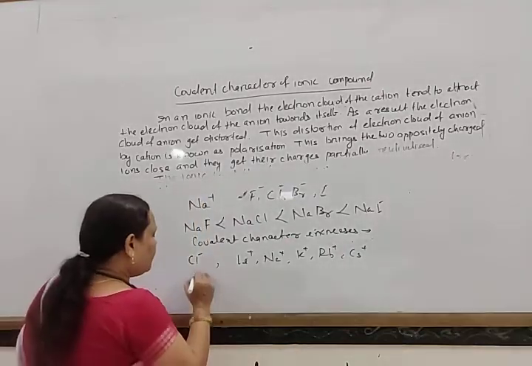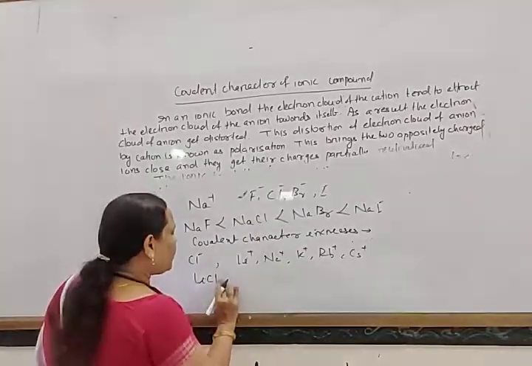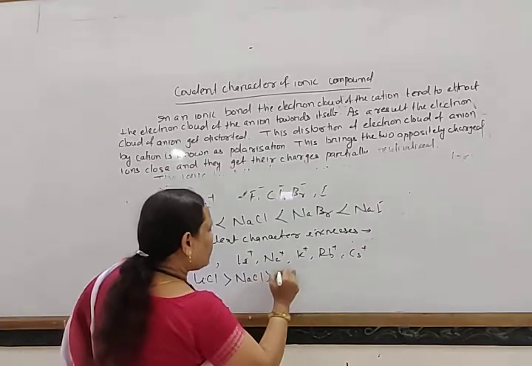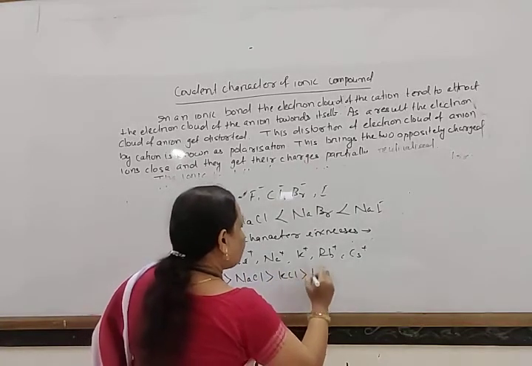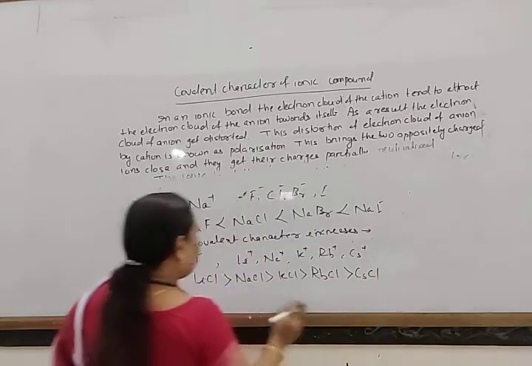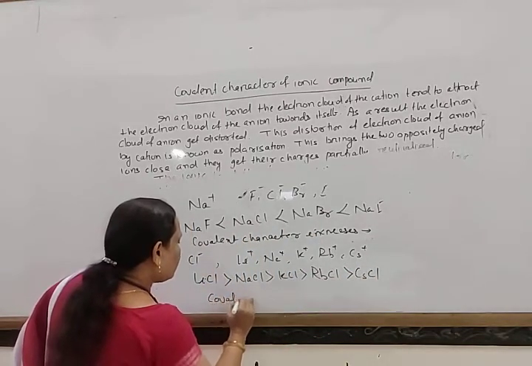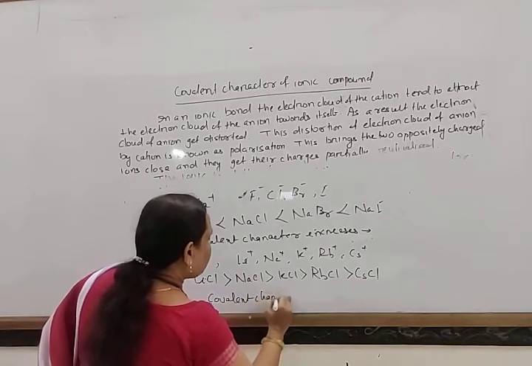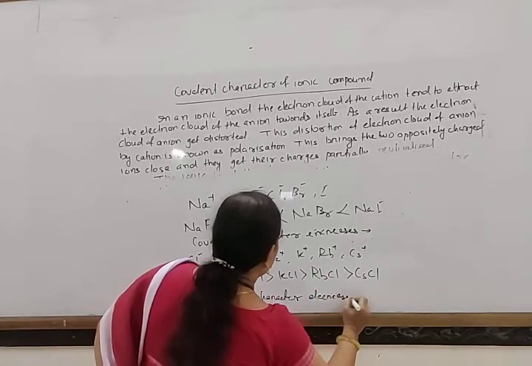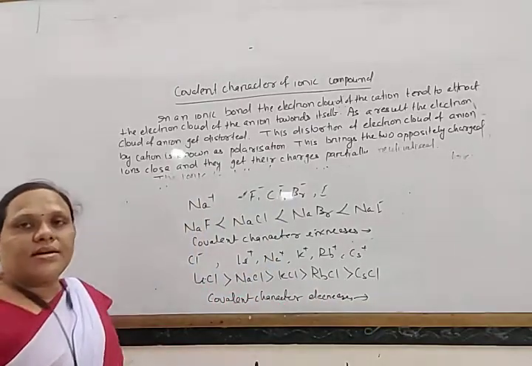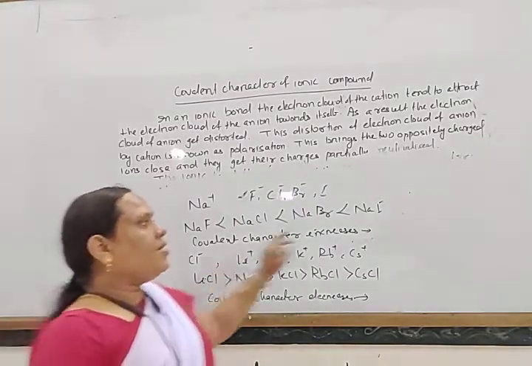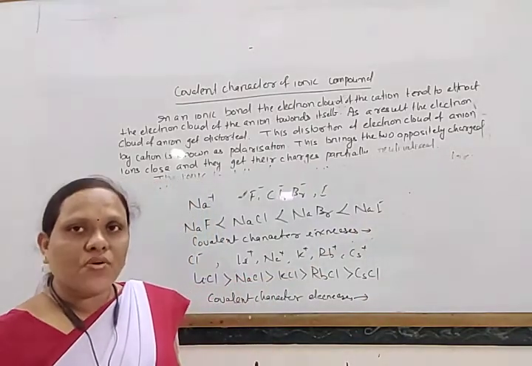For example, LiCl is more covalent, then NaCl, then KCl, then RbCl, then CsCl. So the covalent character decreases. The smaller the size of the cation, the more the covalent character. The larger the size of the anion, the more the covalent character.